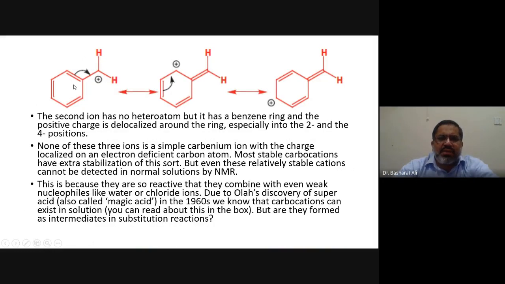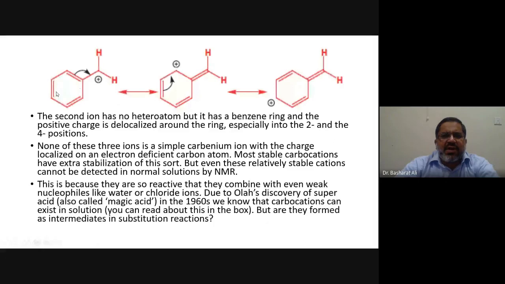In this example also, we can see the stability of carbocation. In this case, we observe that this carbocation is stabilized due to conjugation or resonance, involving the pi electrons of the benzene ring.